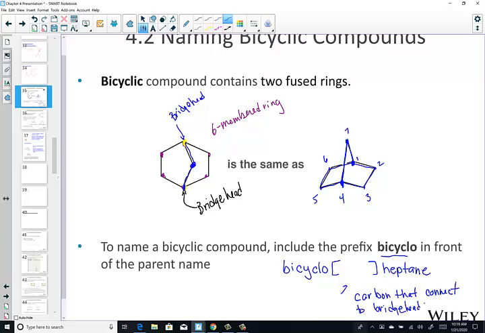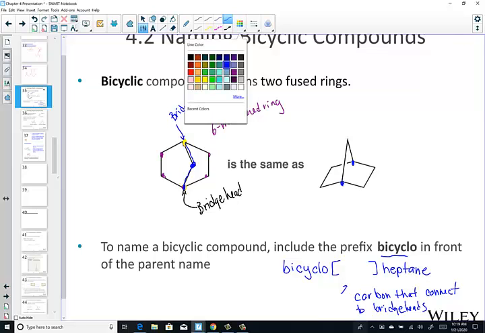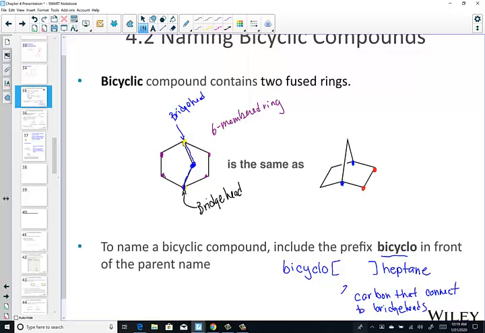So let's count. I'm going to just clean this up and change color. Let me use a red. Here's the two bridgeheads. And if I count 1, 2 carbons in this direction, and I can count 1, 2 carbons in the other direction.